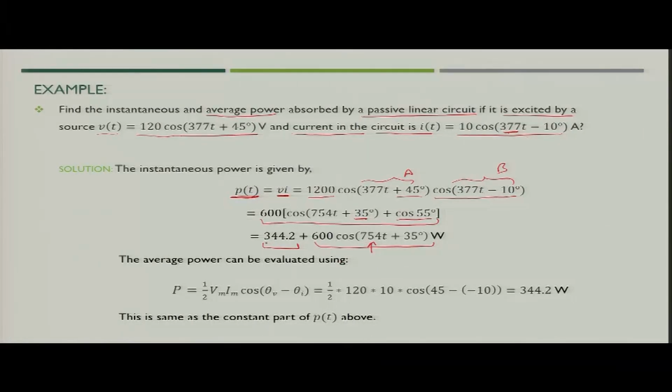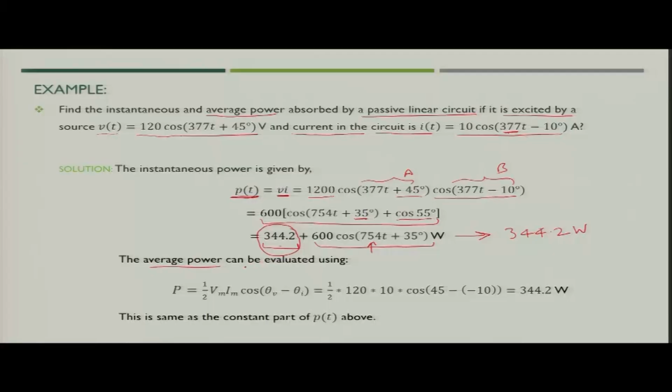Now, how do you calculate average power? We came to know that the constant term of the instantaneous power is nothing but the average power. So from here itself, the average power is 344.2 watt.